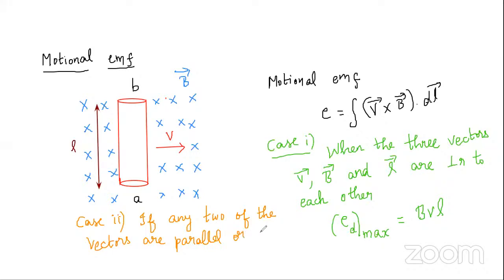Anti-parallel means the angle is 180 degrees. So the dynamic EMF is minimum and it is equal to 0. These are the concepts of motional EMF or dynamic EMF, and I think you will be able to understand the equation for finding the motional EMF.